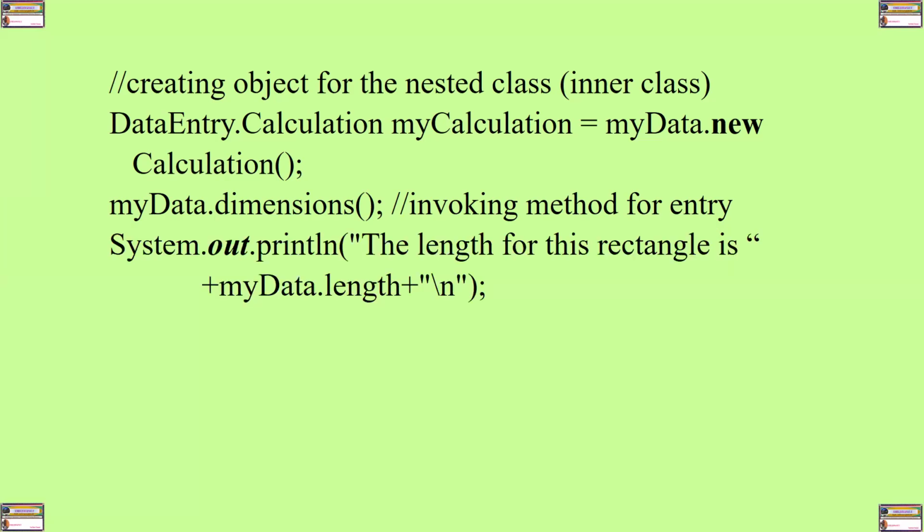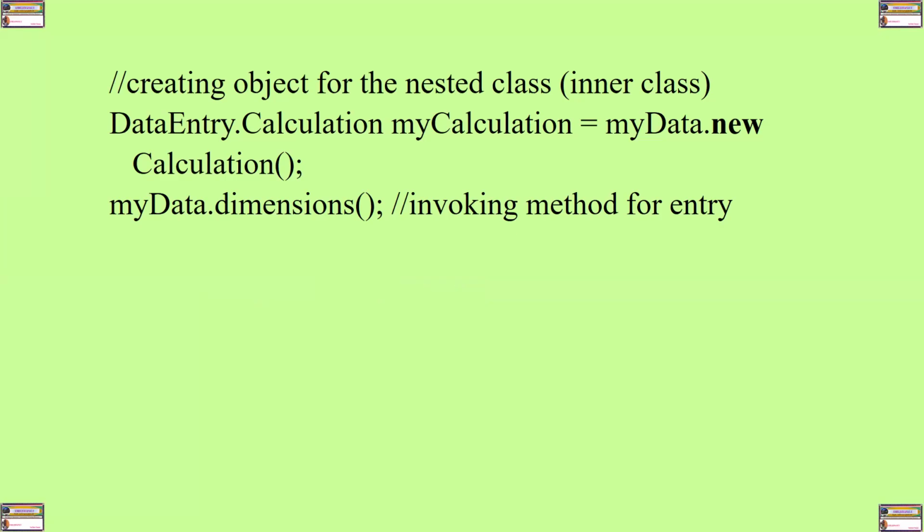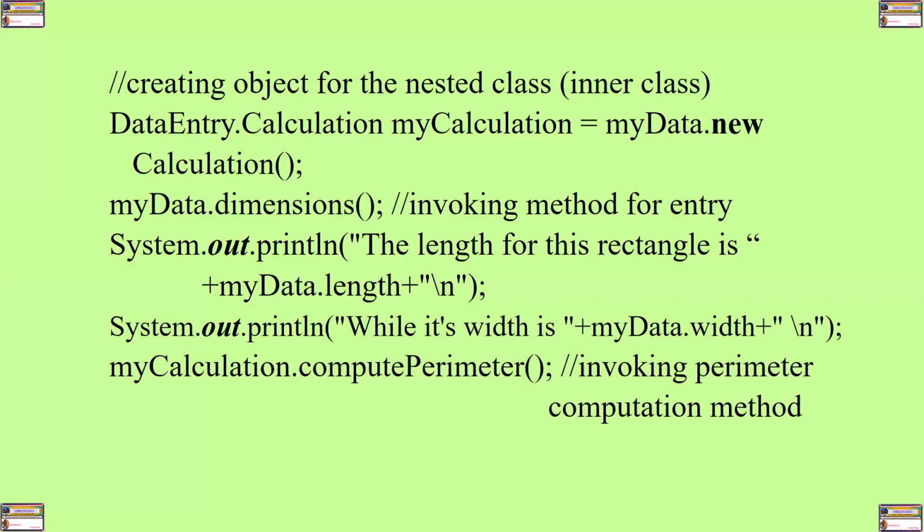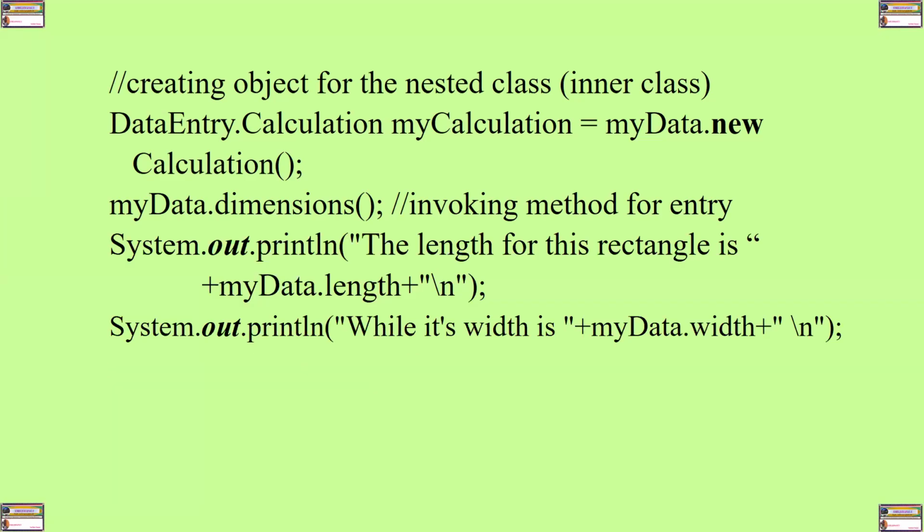The length for this rectangle is: the processor will go and read the value stored in the member called length, which is accessible through the object called my data, and that value will be displayed on the screen at this point. Next, this statement will be displayed on the screen.